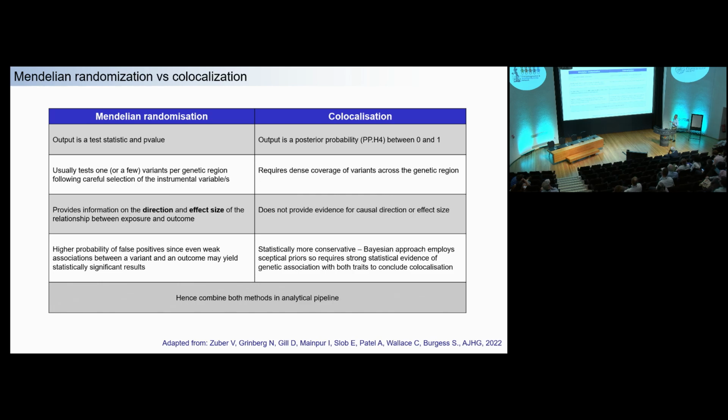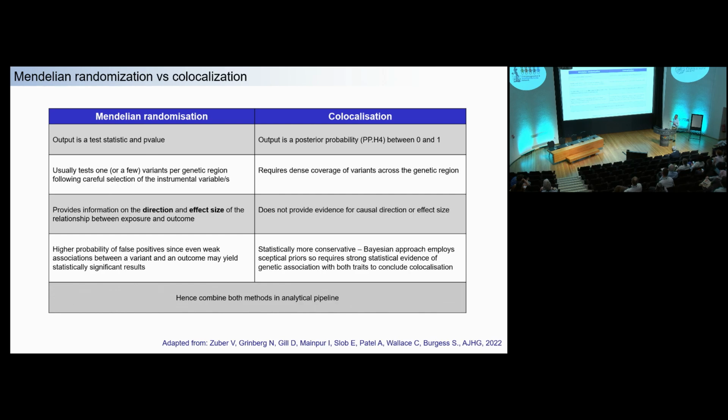So with MR, the output is a test statistic and a p-value, but with co-localization, it's a posterior probability between 0 and 1. MR, as we'll see, tests only one or a few genetic variants at a particular genetic region following careful selection of the instrumental variables, whereas co-localization requires dense coverage of SNPs across the genomic regions.